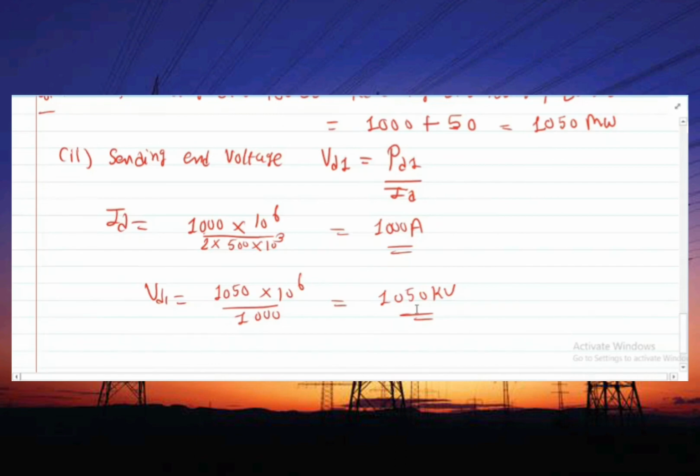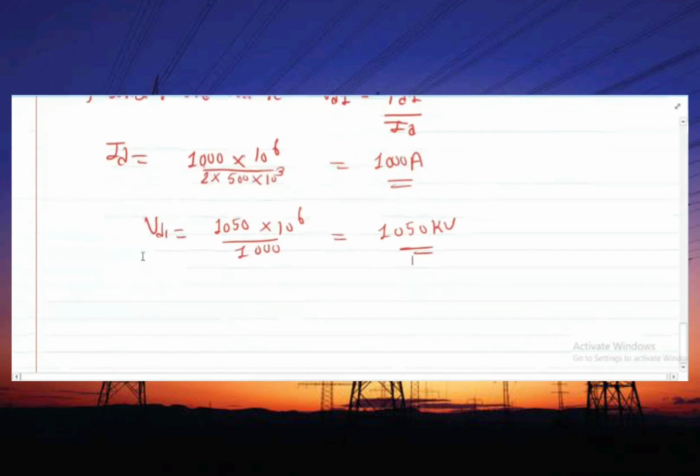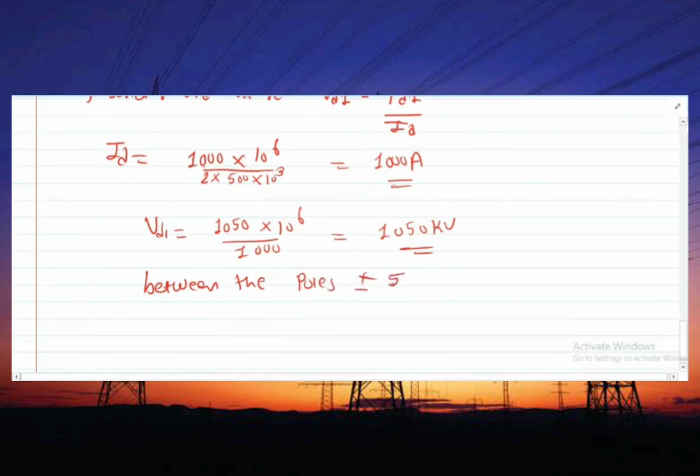This is your sending end voltage. This is a bipolar link, so the voltage between the poles is divided by 2. So between the poles it is plus or minus 525 kV per pole.